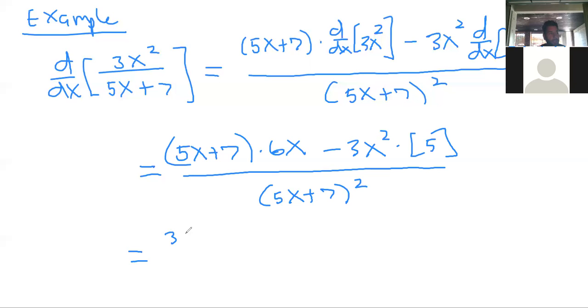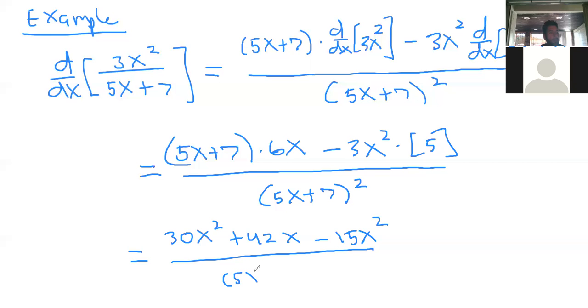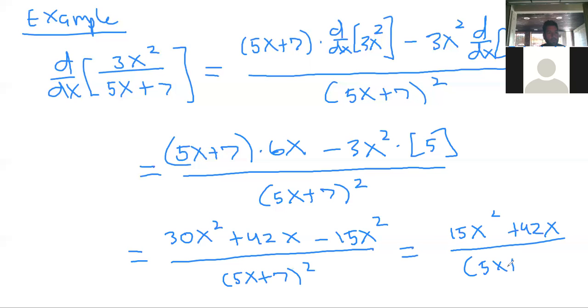I'm left with 30x squared plus 42x minus 15x squared, all over the bottom squared, which finally simplifies to 15x squared plus 42x, like this.